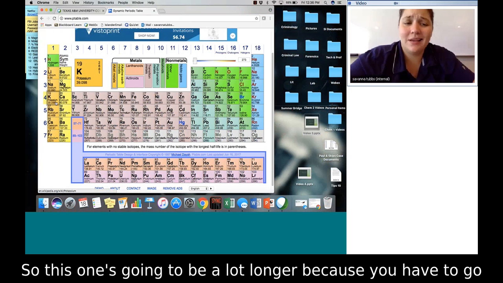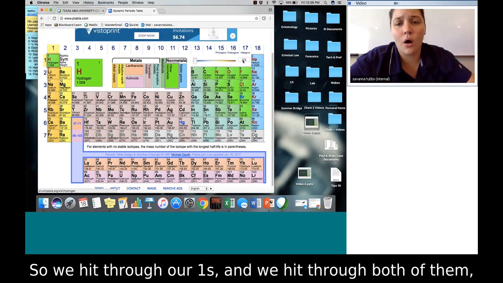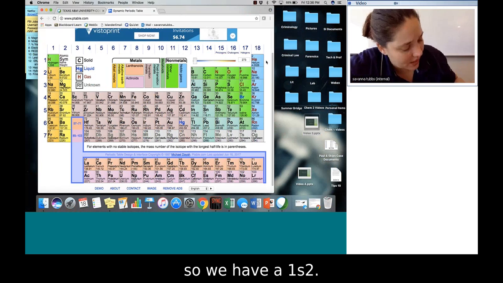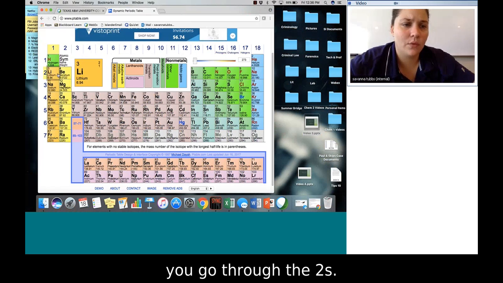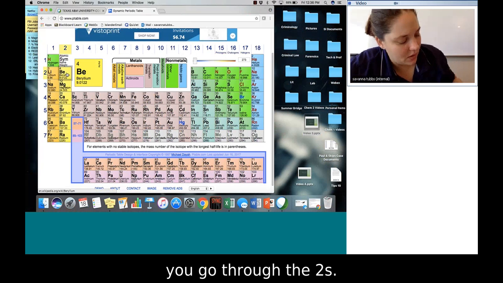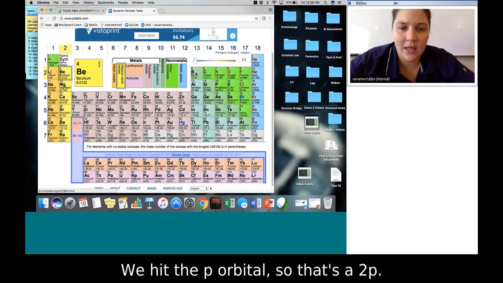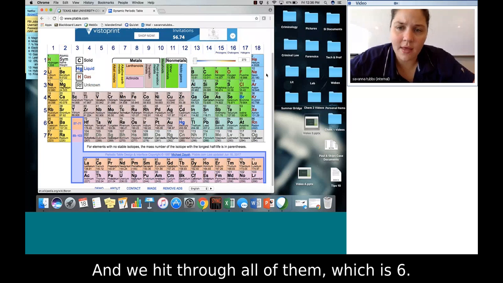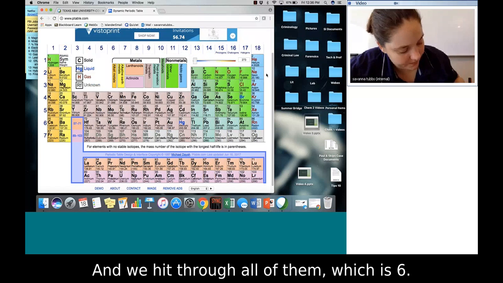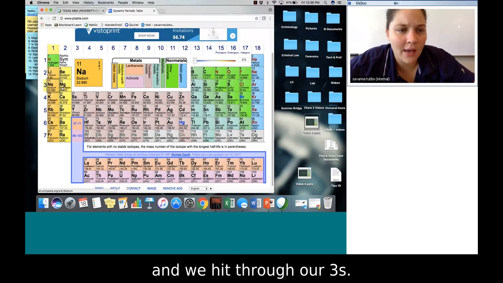So this one is going to be a lot longer because you have to go through a lot more orbitals. So we hit through our 1s and we hit through both of them. So we have a 1s2. We come back to the beginning, we go through the 2s. So we hit through 2 of them, so 2s2. We hit the p orbital, so that's a 2p, and we hit through all of them, which is 6. We then come back to the beginning and we hit through our 3s.